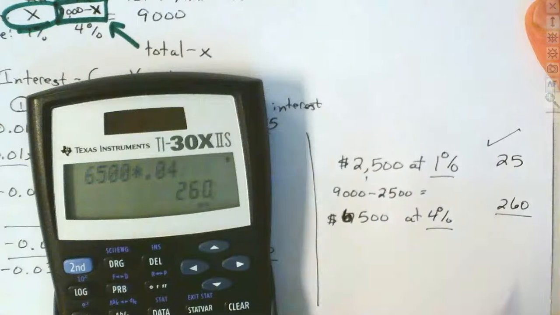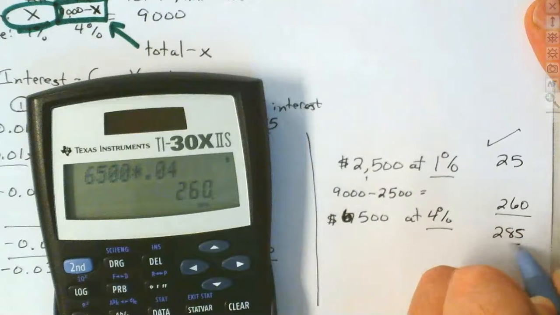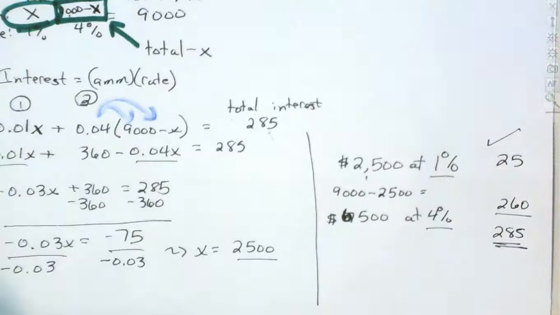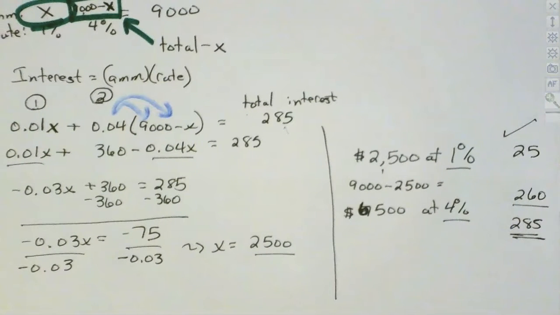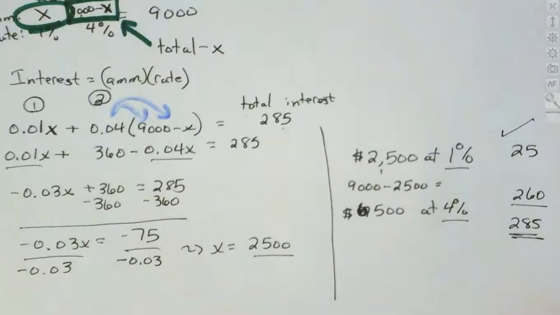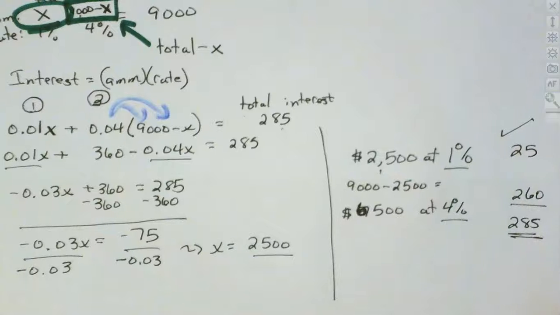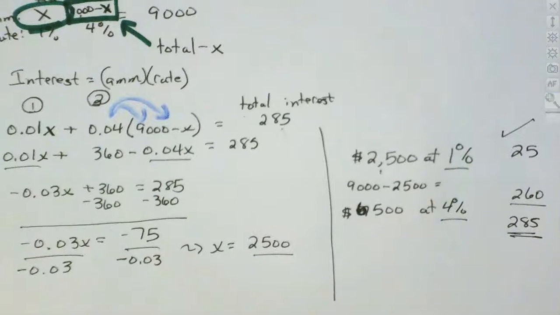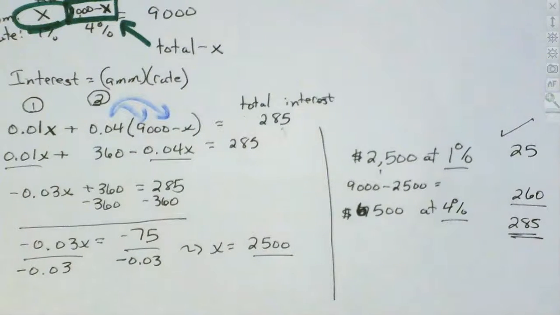If I add them together, what do I get? $285. So I know I did it correctly, right? You don't have to check them, but that's how you check them if you want to. And that makes sense because they add together to give me the 9,000, which is the total amount of money, and they multiply and add down to give me 285 in interest. So I know it works and it makes sense.